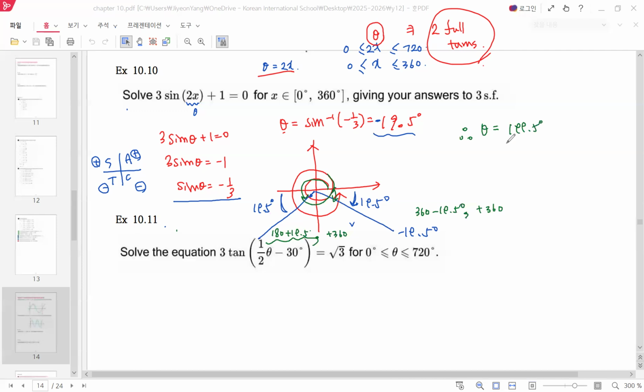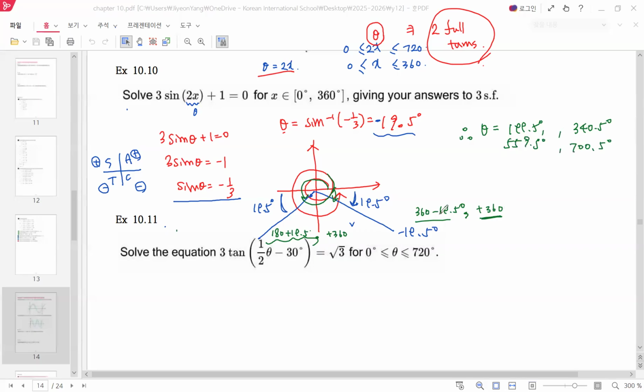Therefore, theta equals 199.5 degrees. And after adding up 360, 559.5 degrees, and 360 minus 19.5, which is 340.5 degrees, and then plus 360, 700.5.